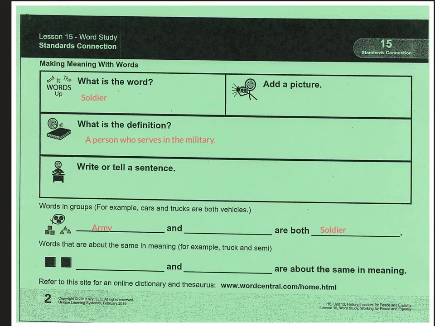You can put Coast Guard or even the National Guard. Those are all examples of soldiers. Another term that I would like to use that you've probably heard before is enlisted. If a person is enlisted in the military, they are a soldier. That means they are signed up to be a part of the military, which then makes them a soldier.